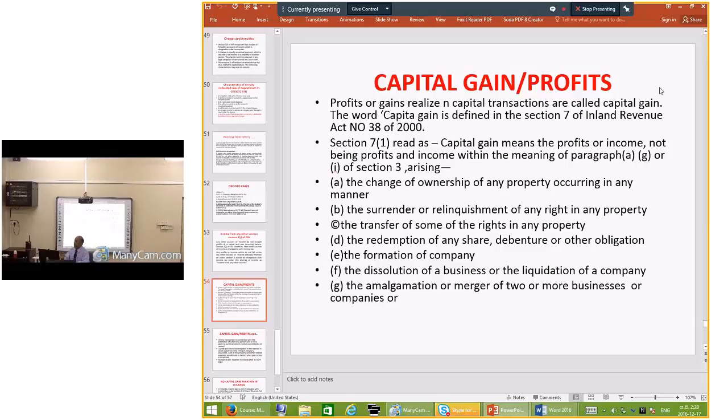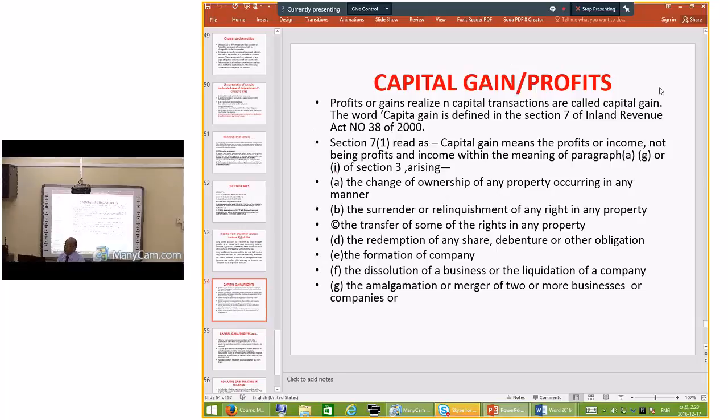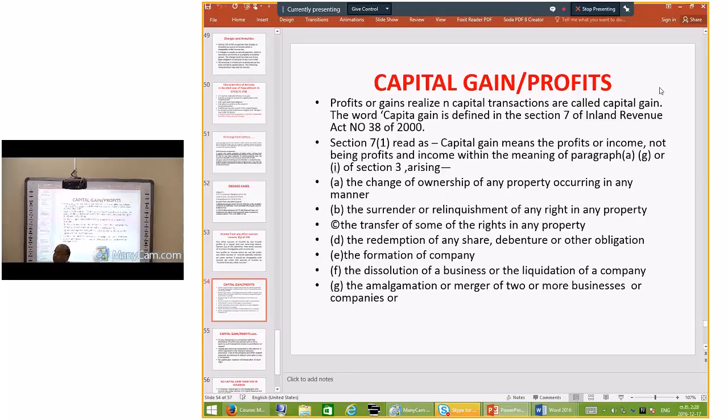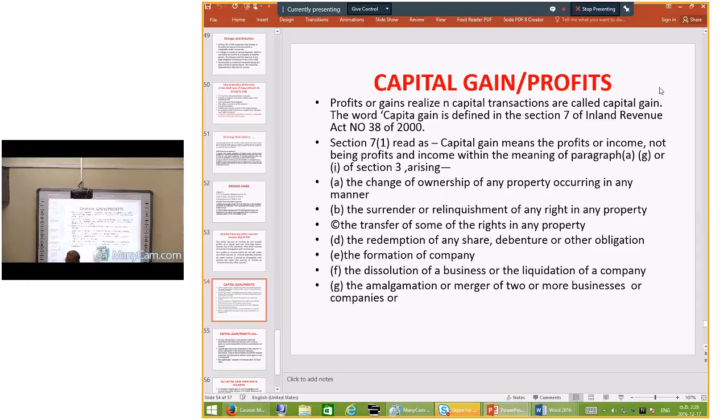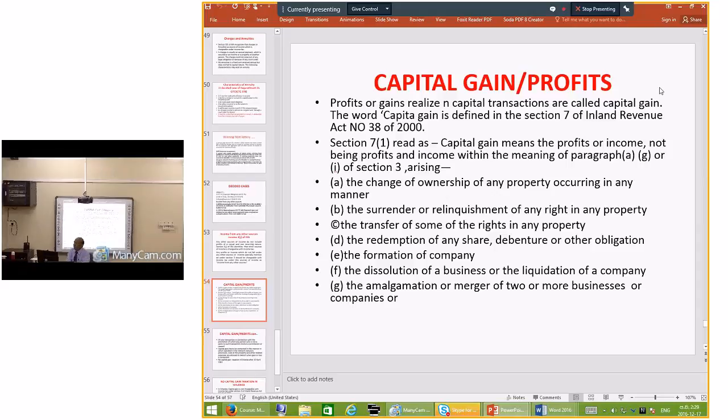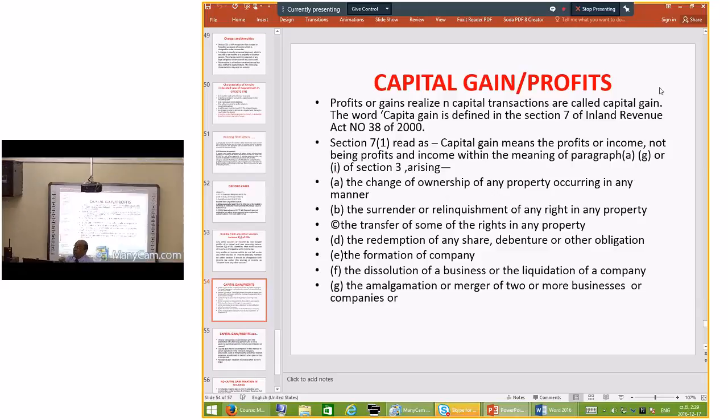Now, for your general knowledge, before this Act No. 10 of 2006 was introduced, we had the Act No. 30 of 2000. In that Act, the chargeability section 3A described the capital gain, right? Section 7 describes what the capital gains are.